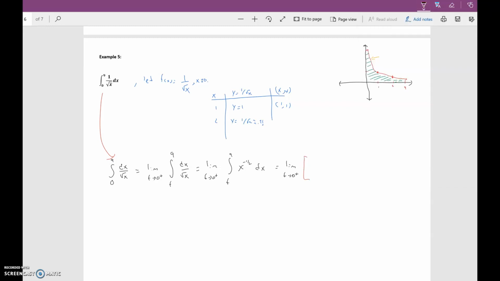Evaluating the integral, we get x to the negative 1/2 plus 1 divided by negative 1/2 plus 1, evaluated at t and at 9.